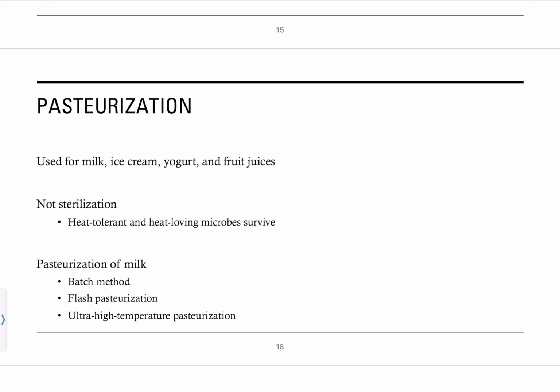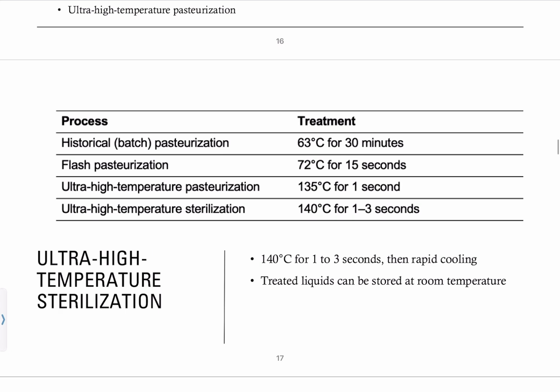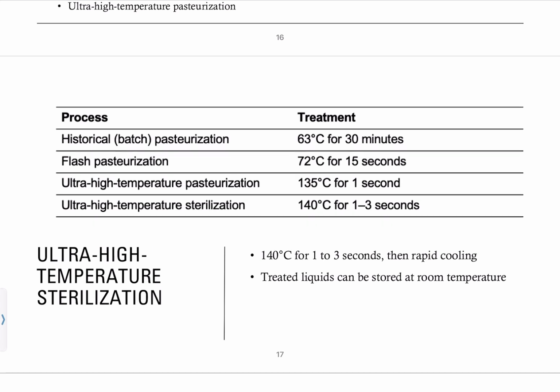Okay, pasteurization. So again, we've talked about this. Louis Pasteur, his work on wine spoilage gave us pasteurization. So pasteurization is going to use heat to reduce microbial numbers and kill pathogens without altering taste or nutrition. So here's just some examples for pasteurization of milk. We can have batch pasteurization, high temperature, short time pasteurization, or ultra high temperature pasteurization.